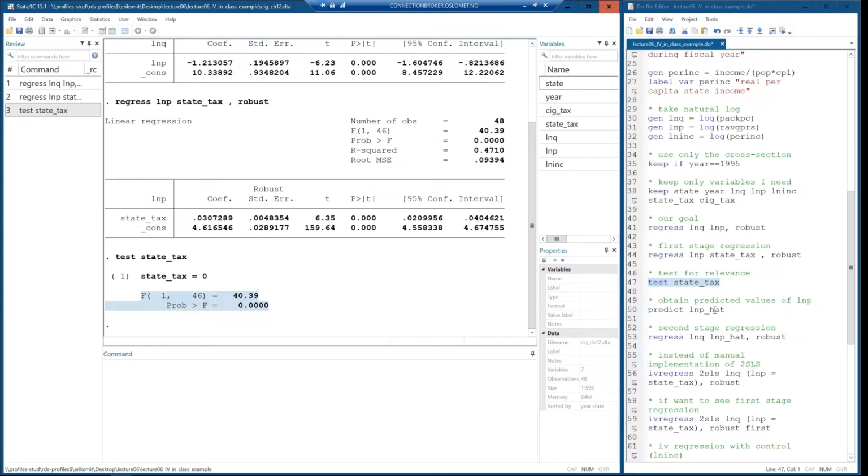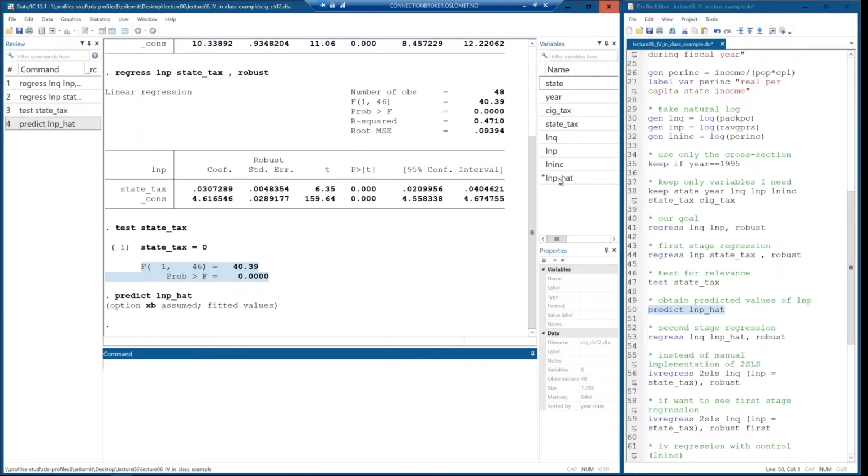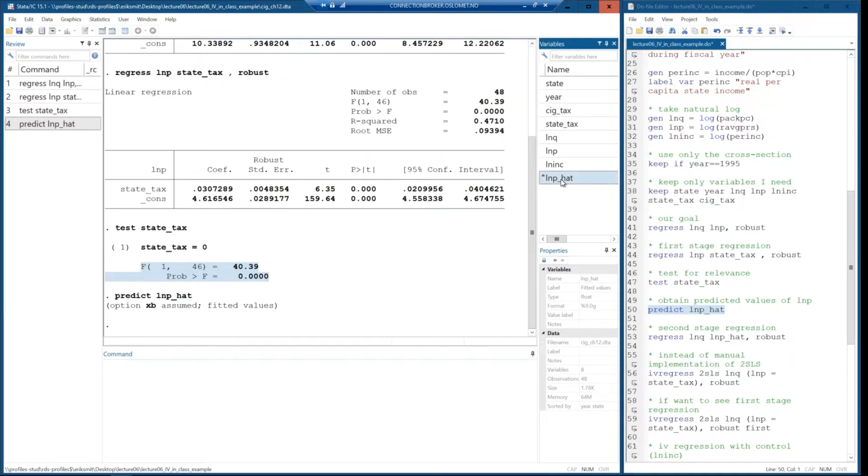And what we can do now is predict the LNP hat, the fitted values. So now we have a variable called LNP hat, and this contains the fitted values from the regression. Okay, so now we have the fitted values, and these should be exogenous.